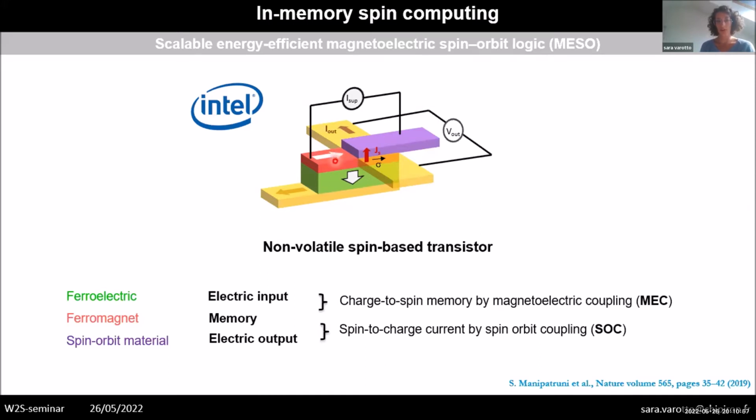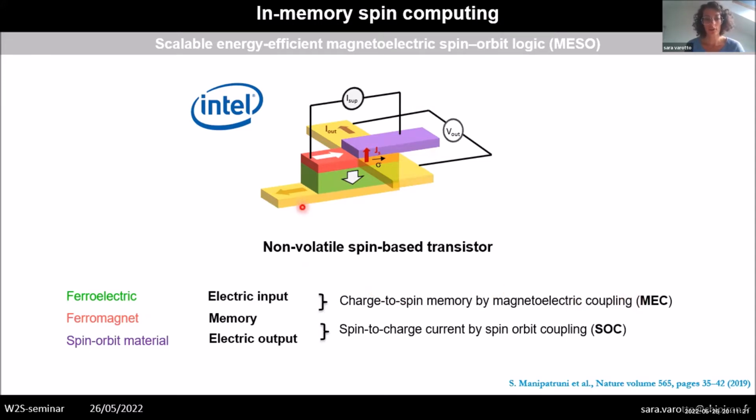And this memory is controlled electrically because we want to write it electrically. This is done by means of a ferroelectric or magnetoelectric that is coupled to the ferromagnet. So by switching the ferroelectricity in the green layer, let's say, we can switch the magnetization of our memory. So in this case, we have a spin memory controlled electrically by means of magnetoelectric coupling.